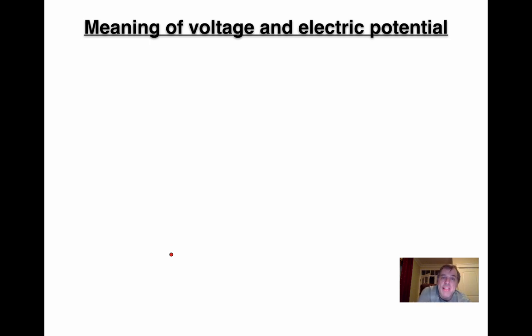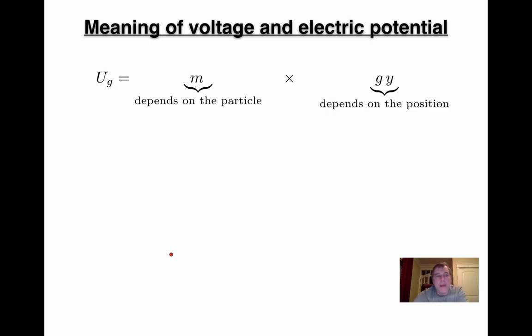Okay, now we've defined voltages and electric potential, but what's the physical meaning? Remember that for mechanics, the gravitational potential energy, now I'm talking about energy, is the mass of a particle times g y.